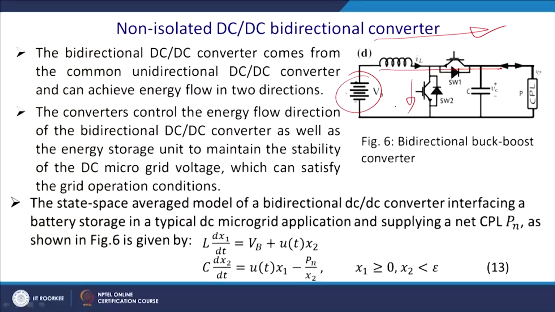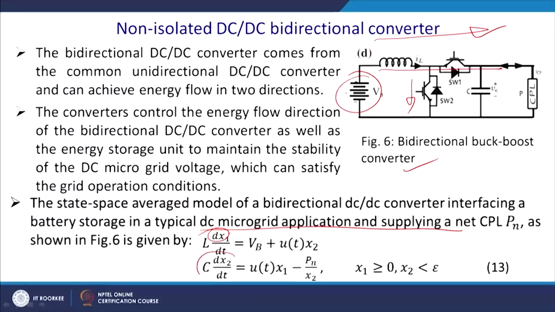The state space average model of a bidirectional DC to DC converter interfacing a battery storage, typically in a DC microgrid application, can supply a net constant power load Pn as shown in this figure. We know the current through the inductor we have considered as x1. The same logic has been used here: L dx1/dt equals Vb plus u(t) times x2, which depends on the on and off of the switch.